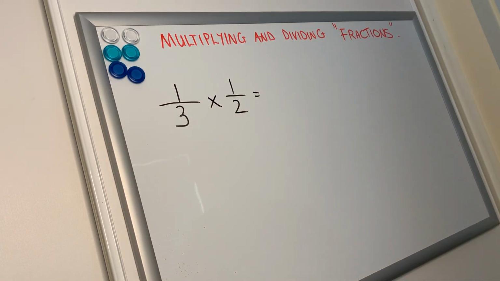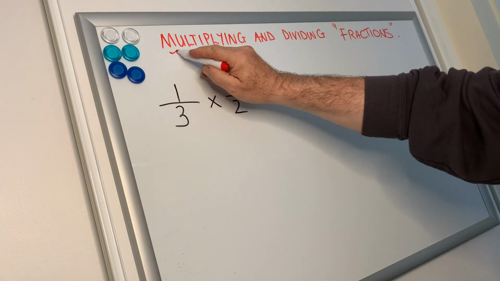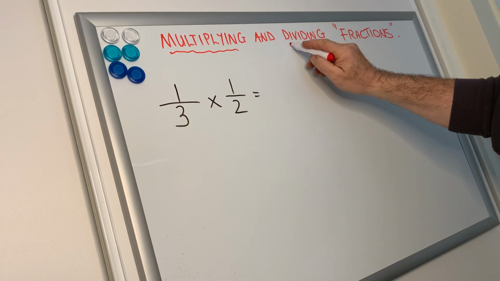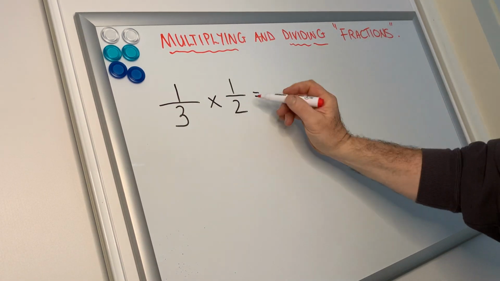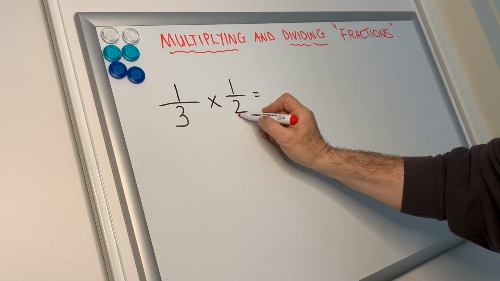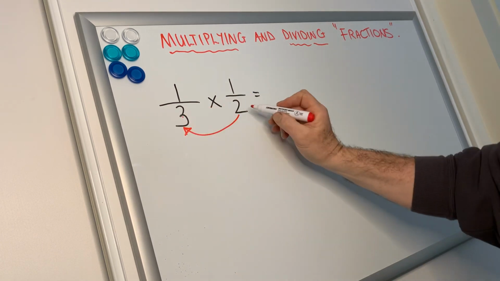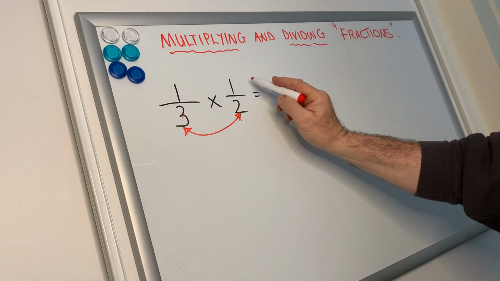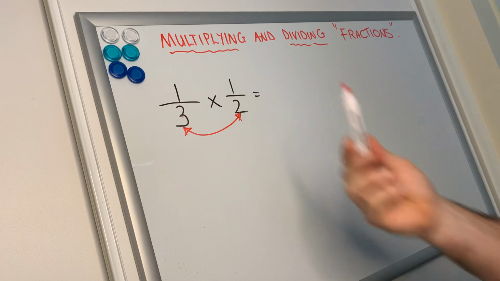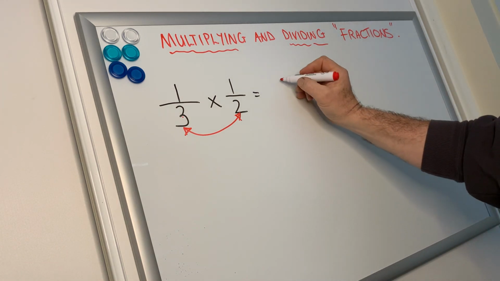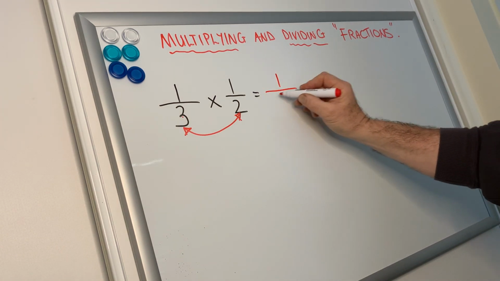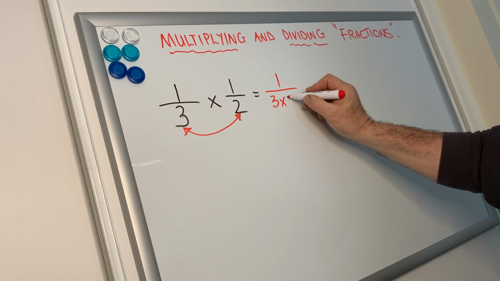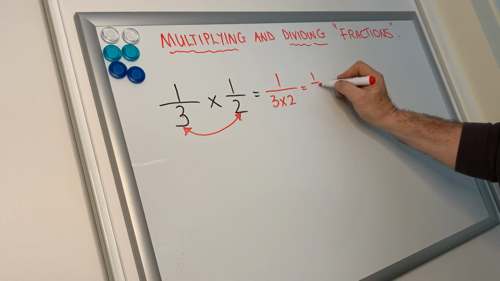Now the rule is whenever we're multiplying or dividing, the denominator does not have to be the same. So here we've got a denominator of 3 and here we've got a denominator of 2. So we can multiply this fraction with this fraction together. So that would be 1 over 3 times 2, which is equal to 1 over 6.